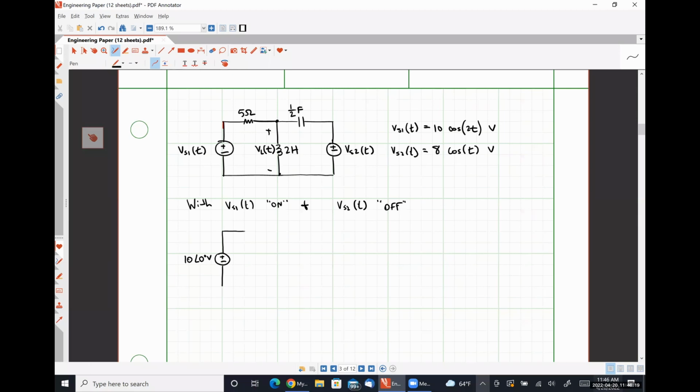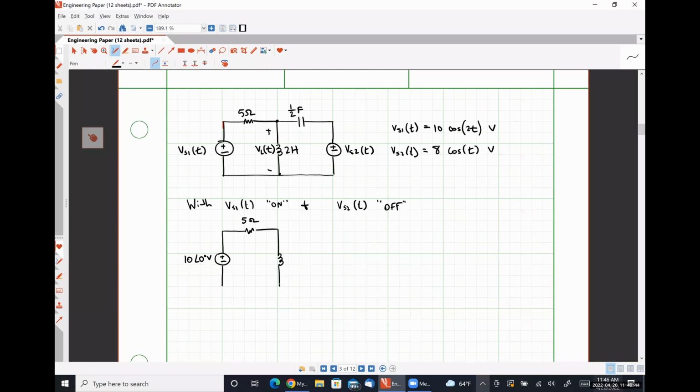Our 5 ohm resistor is going to look like a 5 ohm resistor regardless of what frequency we're operating at. What kind of impedance will our inductor have? J4 ohms, absolutely right. So that's simply taking J times omega, which in this case is 2 radians per second, times L, which is 2 henries.